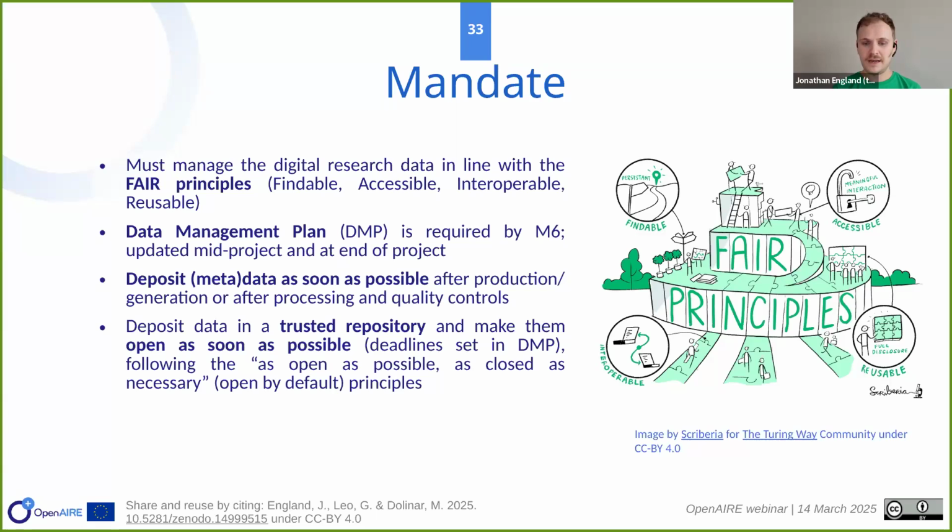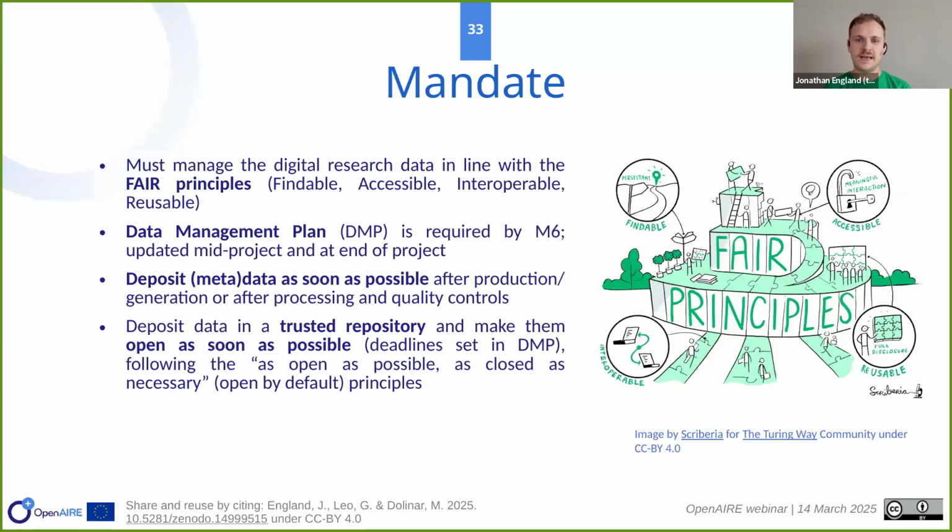There's a data management plan, which explains basically what you're going to do with your data during the project, which is required by month 6, updated mid-project, and then before the end of the project. You must deposit at least the metadata. So metadata is the data explaining your data. Those README files, the description of what your data is. If possible, the data itself, but at least the metadata as soon as possible after production.